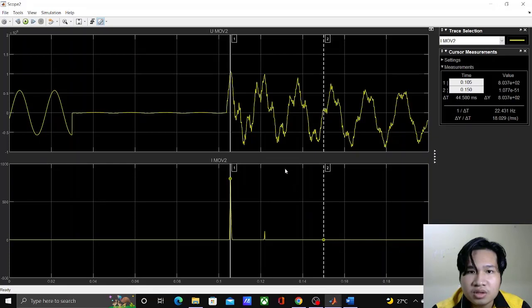Here is our voltage against time for the metal oxide varistor connected with our shunt inductor, and the graph below is our current against time for the metal oxide varistor for the shunt inductor.